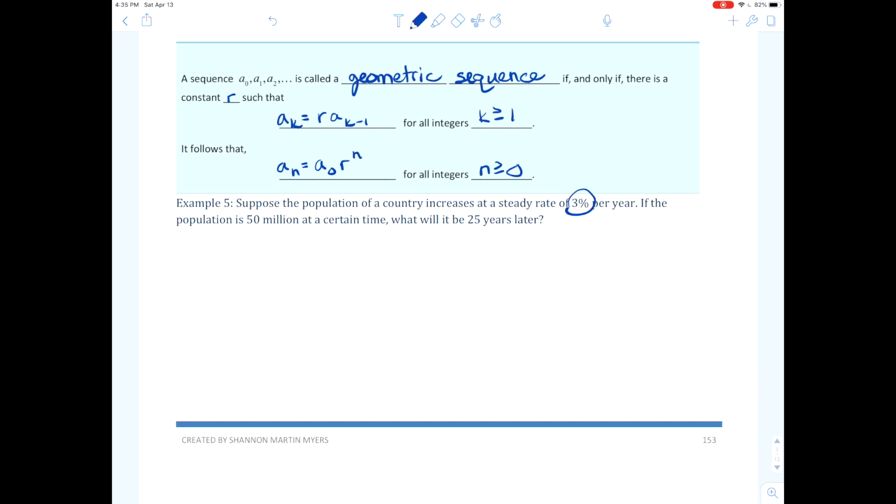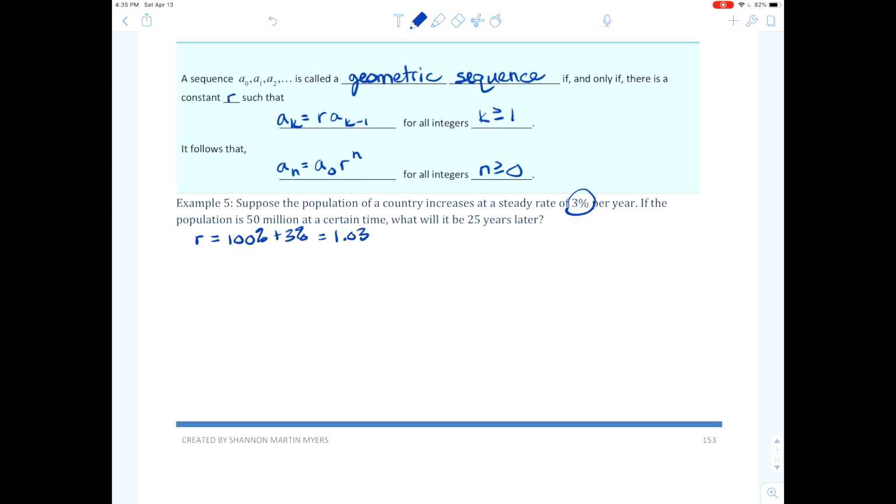Don't we have to figure in 100%, it keeps 100% of the people from the year before and then keeps increasing it. So the r that we're working with would be 100% plus 3%, which would be 1.03. Cool so far?